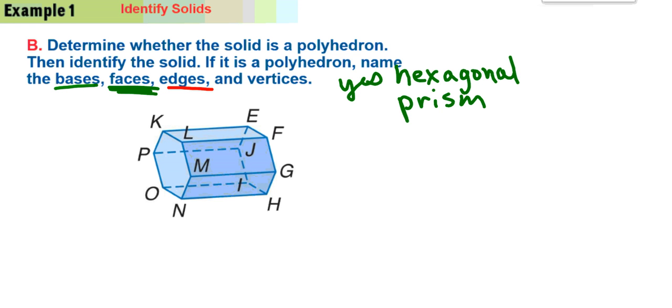Okay, so some of the edges are segment KL, segment LM, segment MN, segment NO, segment OP, and segment PK, another set of 6. Okay, segment EF, segment FG, segment GH, segment HI, segment IJ, segment JE, and the last 6.